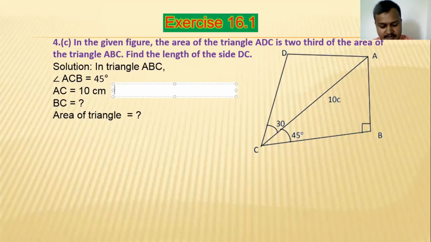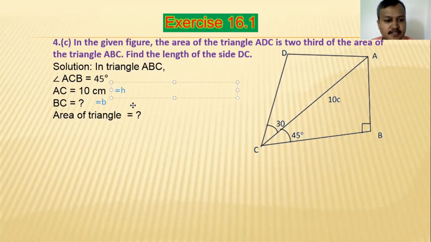AC is the hypotenuse, as I already said, and 45-degree is the angle of reference. BC is the base. If base and hypotenuse are given, which formula should we use? Out of sine, cos, tan. There are three trigonometric ratios: sine, cos, and tan. If base and hypotenuse are used here, which formula do we have to use?